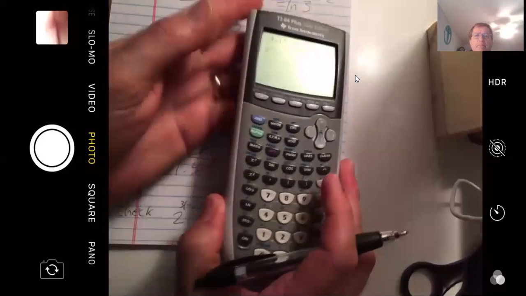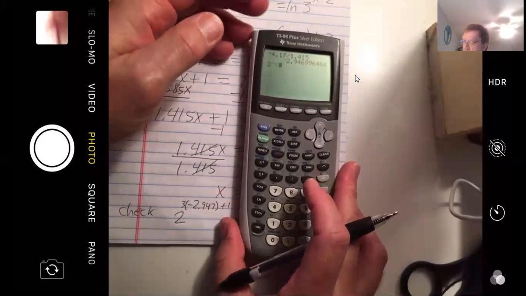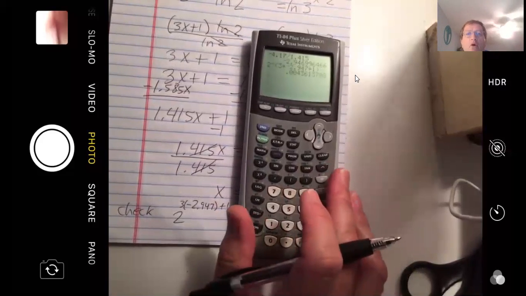So I'd raise 2 to the power 3 times negative 2.947, add 1, and I get 0.00436.